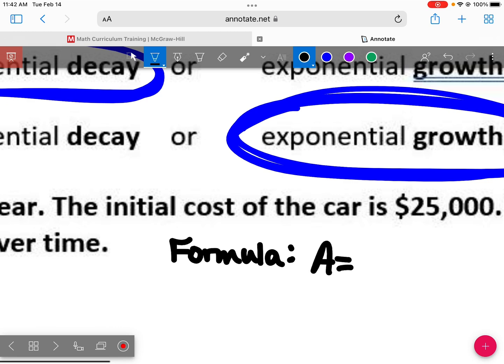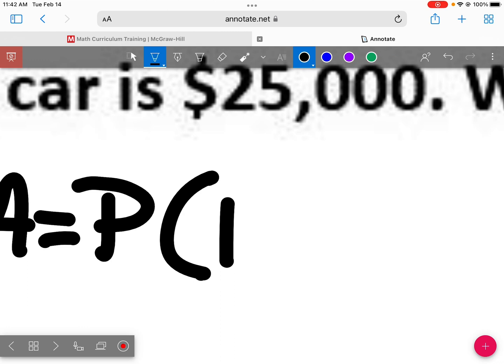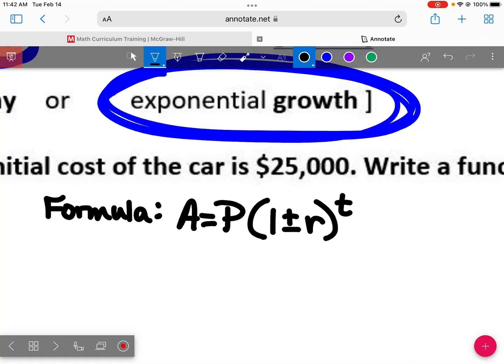A equals P, parentheses 1, plus or minus R, to the T. Yep. How do you know that's the one that you have to use? It doesn't say compounded, and it doesn't say continuously. If you don't see compounded, you don't see continuously, this is the one that we're going to use.